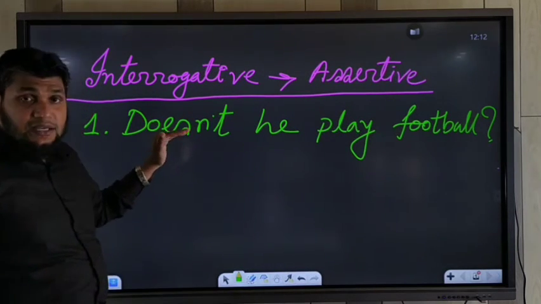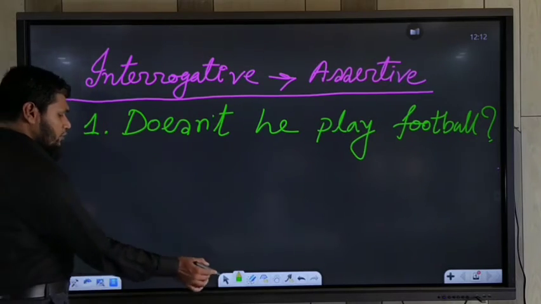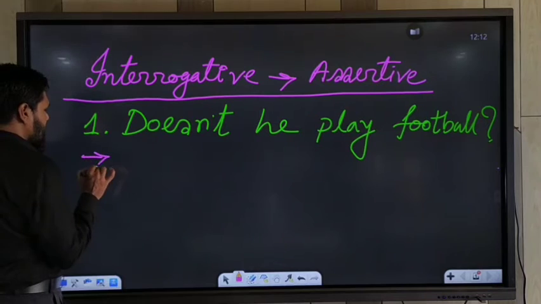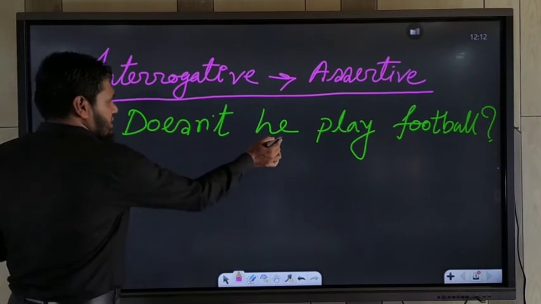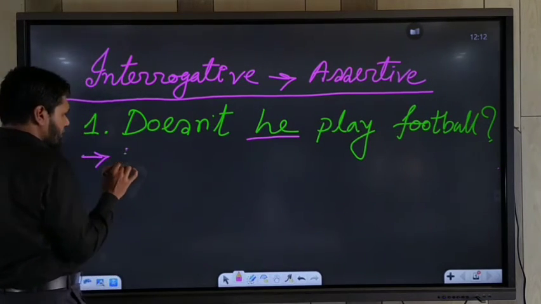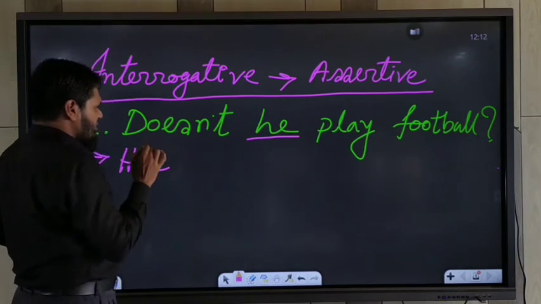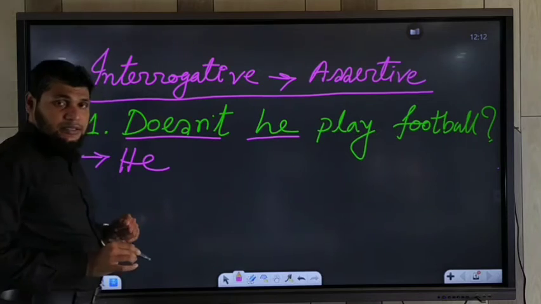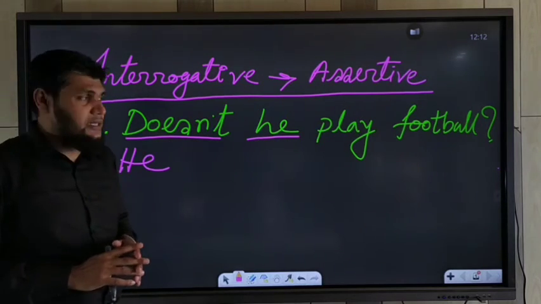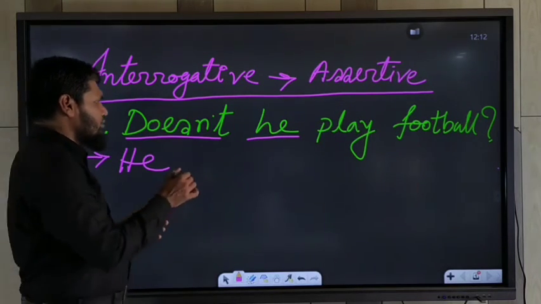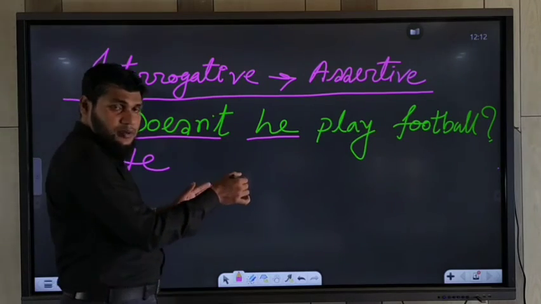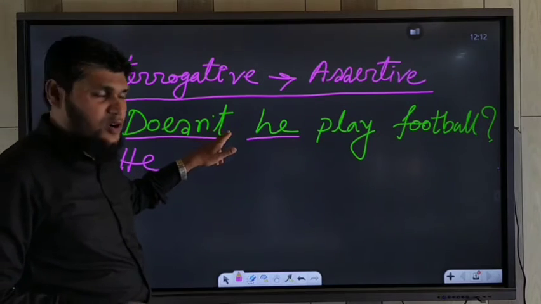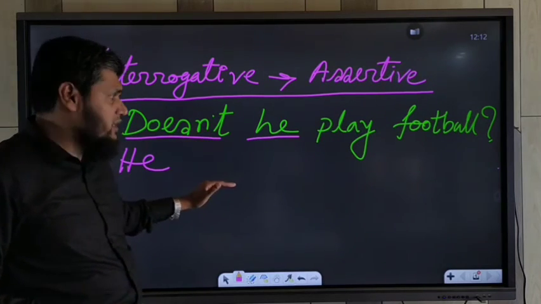If you want to change it into an assertive sentence, you should use the subject at the beginning. He. So does is here. What's the tense? The sentence is in present indefinite tense. You should not use negative form in the assertive sentence, because the interrogative sentence is in negative form. You should use affirmative form in the assertive sentence.